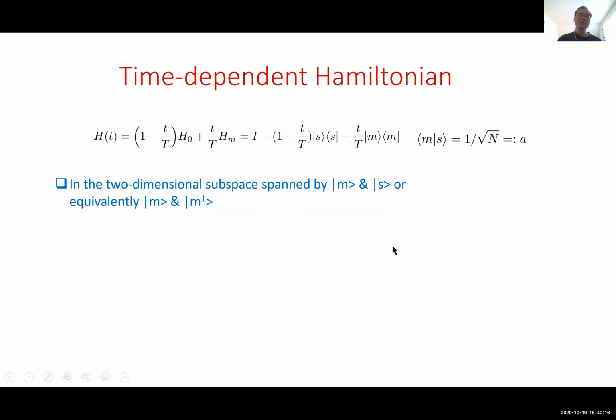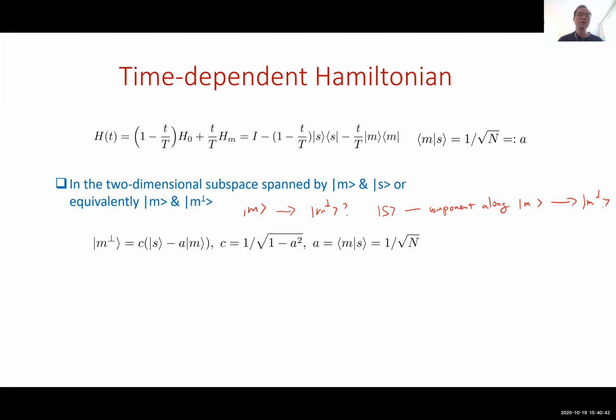So first we have to construct M perpendicular. So given M, how do we get the M perpendicular? We get it from S and subtract the component along M, right? And we will get M orthogonal.